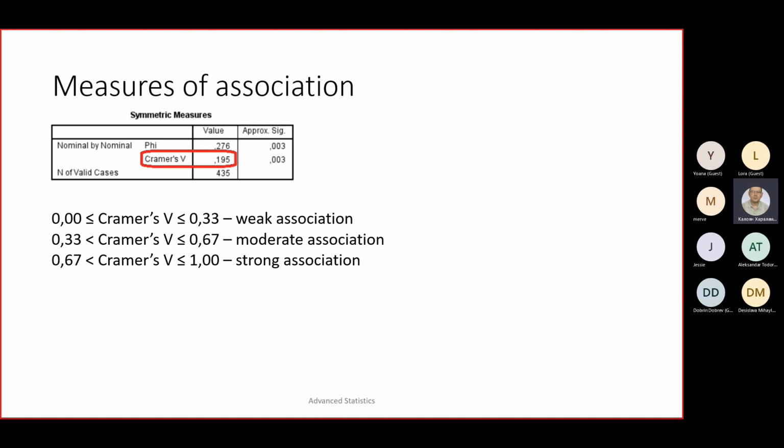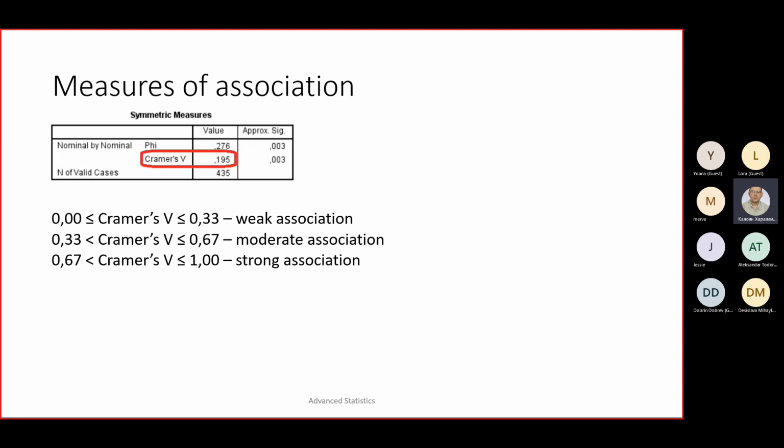If Cramer's V is between 0 and 1/3, 0.33, then the association is weak. If Cramer's V is between 1/3 and 2/3, then the association is moderate. And if Cramer's V is between 2/3 and 1, then the association is strong.